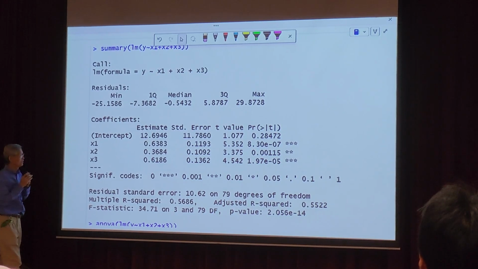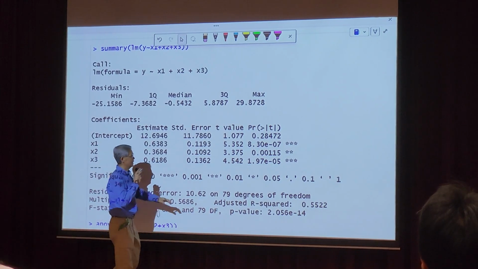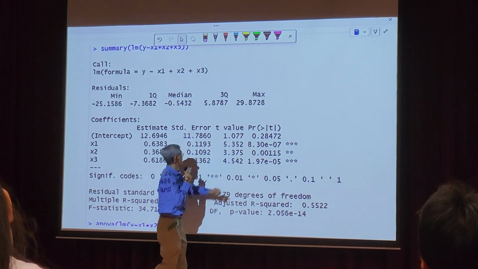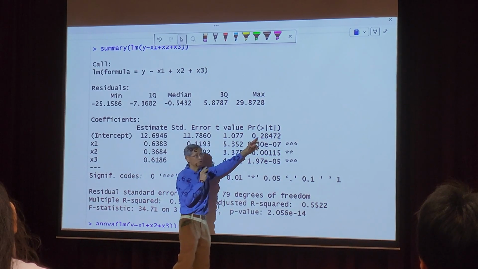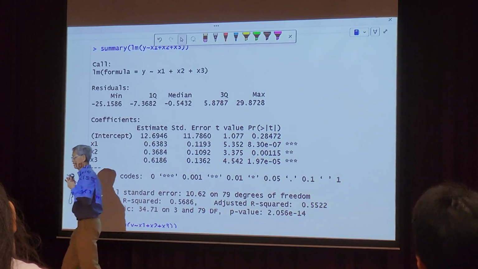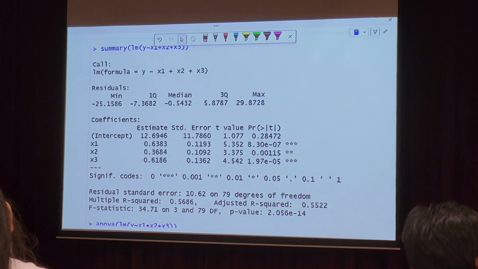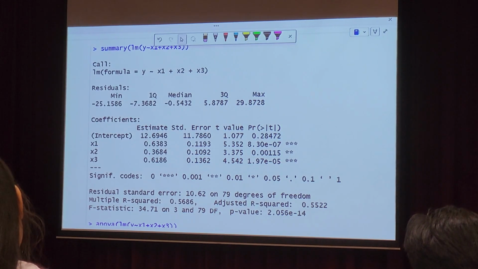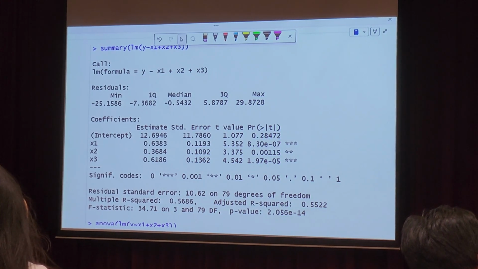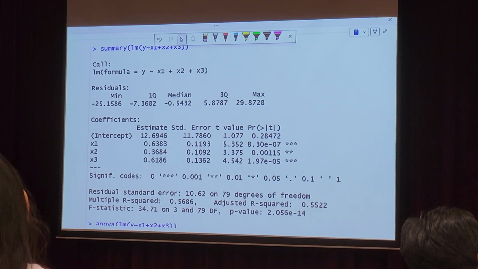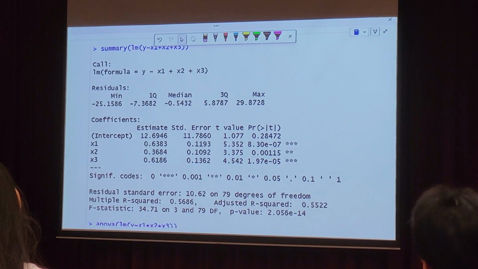So here you can see that they are all highly significant, except the intercept. See, intercept usually is, in fact here, there's no evidence that it is different from 0. Right?